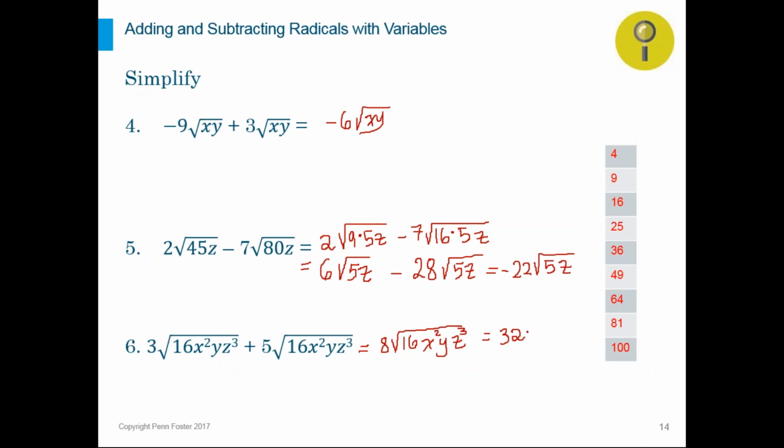Divide over 2 will give you x to the first. And then y is just 1. Y to the first, I cannot simplify that further. So I'm going to write it as y. The z has a power that's odd. So I'm going to break this down as z squared times z. Simplify further.